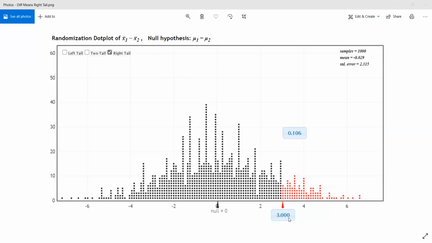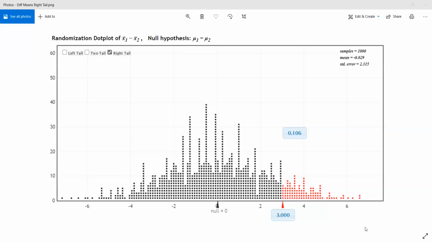You've entered 3 here, and tell me what the p-value is.